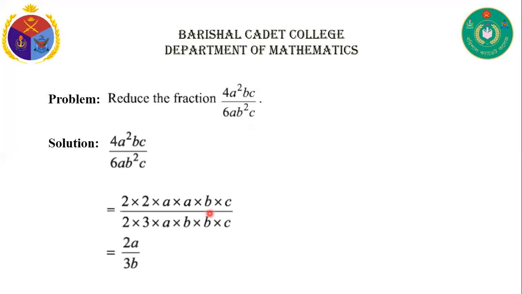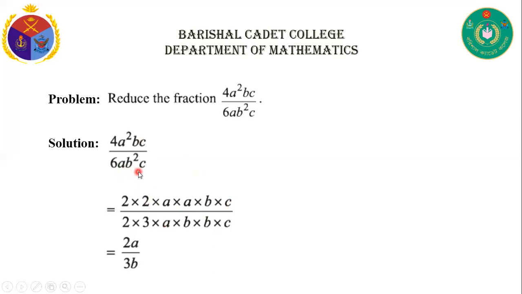Now first, reduce the fraction 4a square bc divided by 6ab square c. So that is the problem. Now boys, you can see that we have done the numerical part, that is 4 and 6. We can write 4 as 2 into 2 and 6 as 2 into 3, and a square as a into a, and bc as b into c.